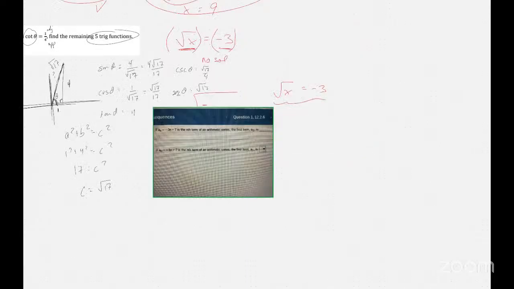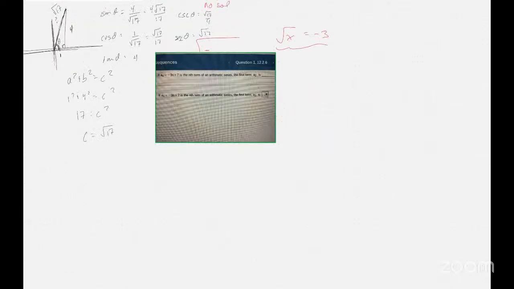Okay, it says if a sub n is the ninth term, then the first term is what? Okay, so the formula for arithmetic sequence: a of n equals a sub 1 plus parenthesis n minus 1 d, right?